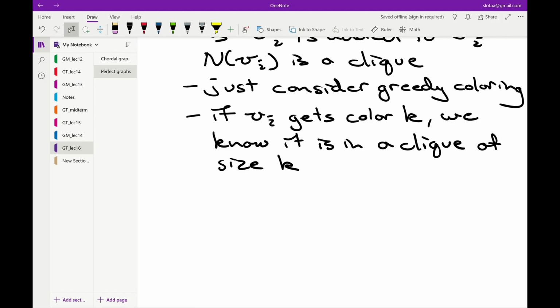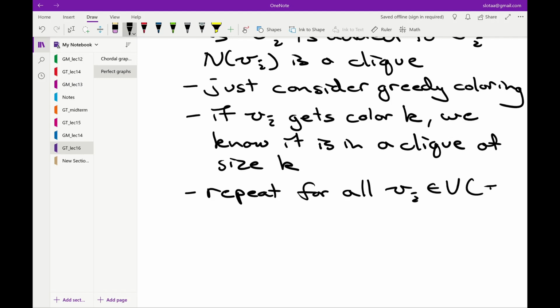And then essentially we can repeat this for all v_i within the vertex set of G. And what does that give us?